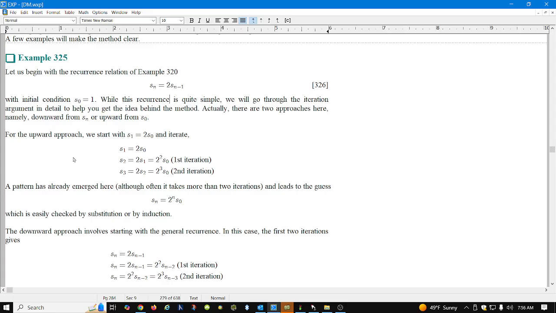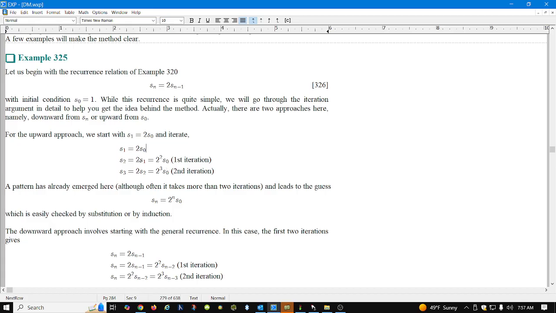If we go upward, we start with the first element of the sequence, S naught. Twice that is S1. Then to compute S2, it's twice S1, which is twice 2S naught. So that's 2 squared S naught. And rather than writing 4, I write 2 squared in the hopes to see a pattern.